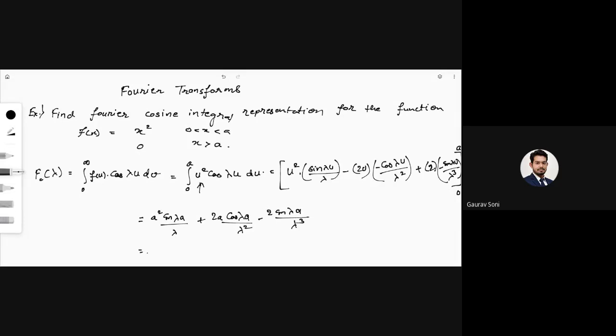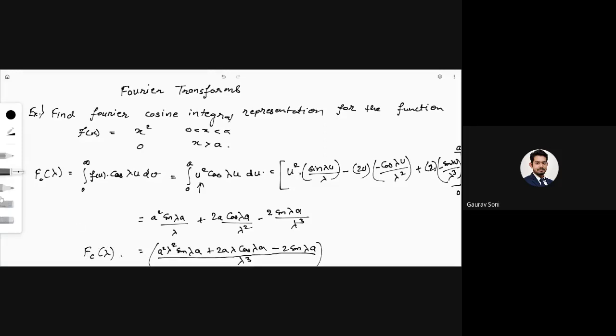So this is equal to a square lambda square sin lambda a plus 2a lambda cos lambda a minus 2 sin lambda a, divided by lambda cube. This is Fc of lambda.